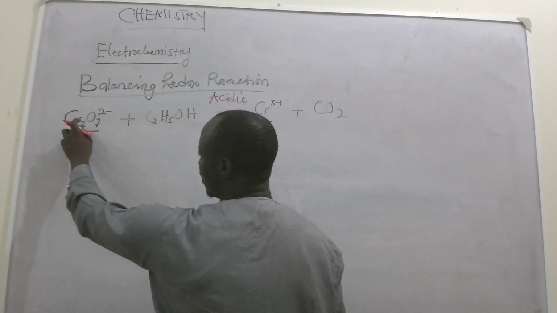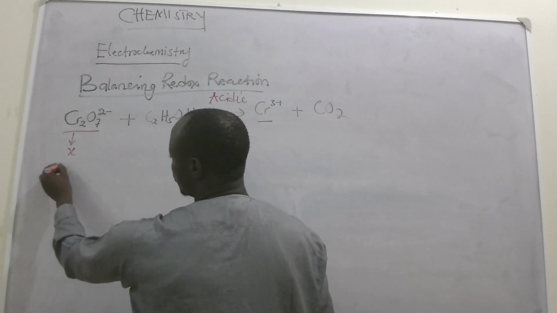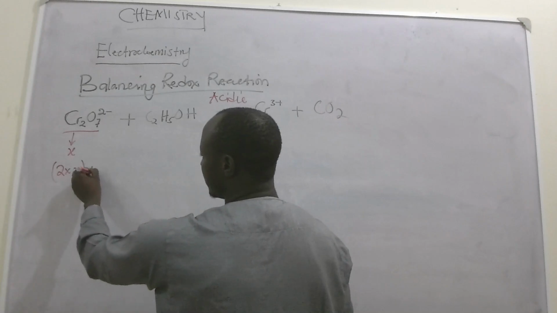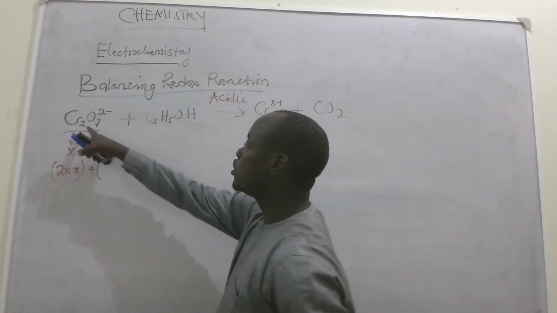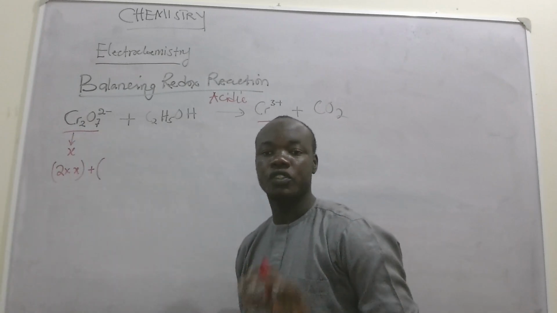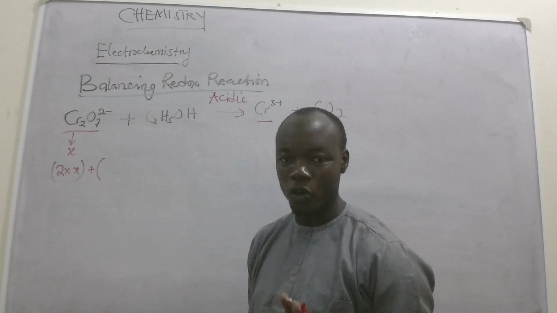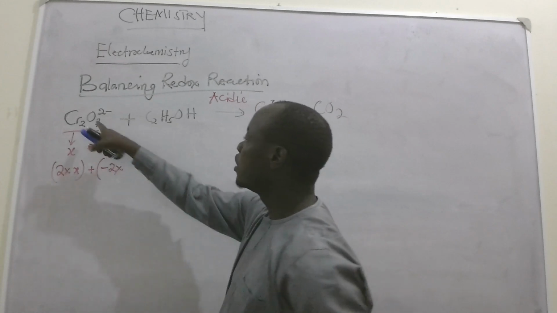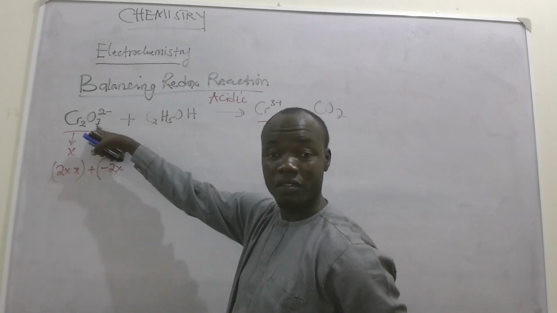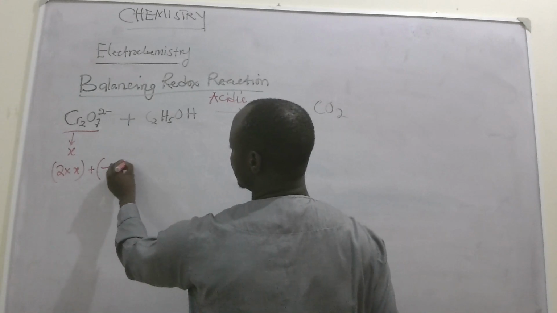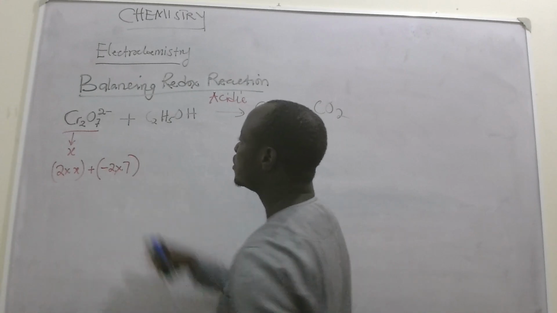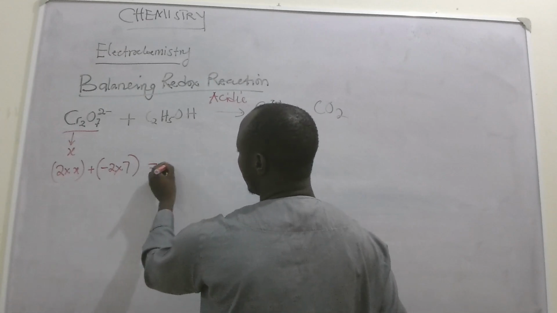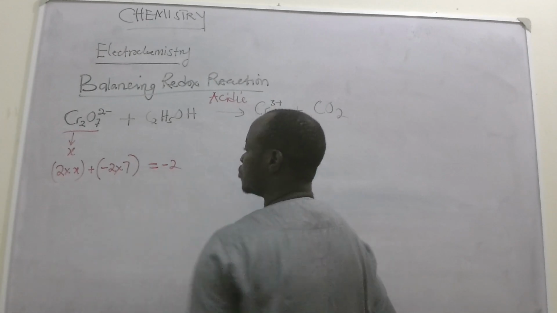Here we have 2 chromium, so we say 2 times x, open bracket and close bracket, then plus. This is oxygen, and the oxidation number of oxygen is -2. We have -2 times 7, so we have 7 oxygen, times 7, close bracket, and the net charge is -2. So everything here is equal to -2.